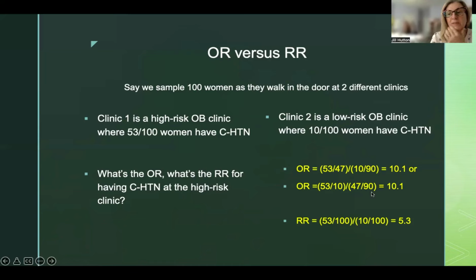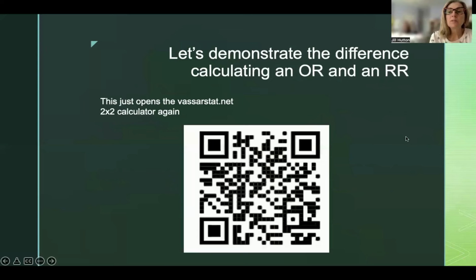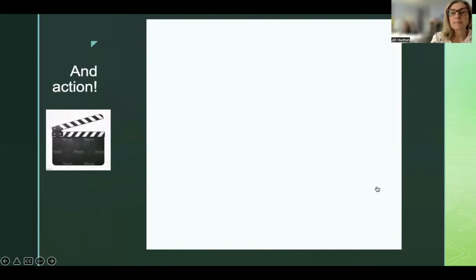For the relative risk, you use the whole population. So 53 women have chronic hypertension out of 100, over 10 women in the low-risk clinic over 100, gives you 5.3. So you can see the denominator here is different from here. Now we're going to use an online calculator to demonstrate this.